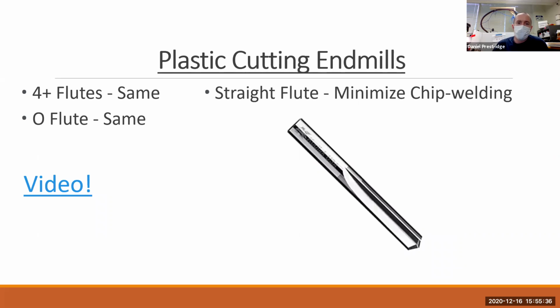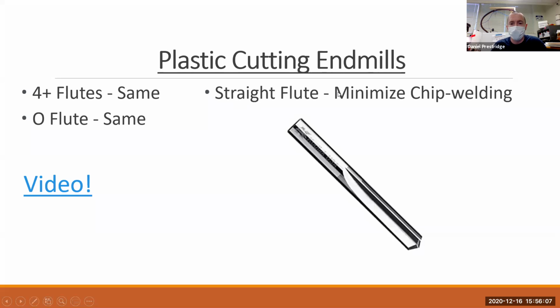So the analog to that in plastic cutting, you have different challenges with plastics. One of them is the plastic fuses in the flutes, which it also tends to do with aluminum, but you have a high likelihood of it happening if you don't treat it the way that it's supposed to be treated.